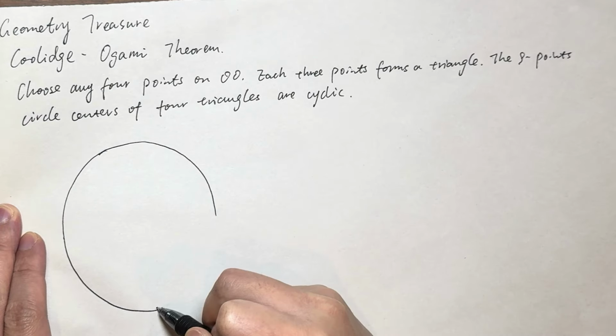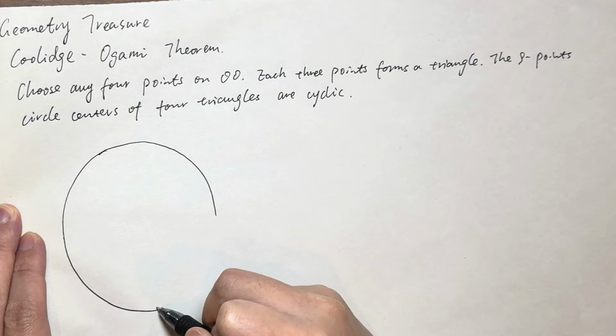So we have triangle ABC, triangle BCD, triangle CDA, and triangle DAB, right? We have these 4 triangles, and we want to prove that the 9-point circle centers of these 4 triangles are cyclic.